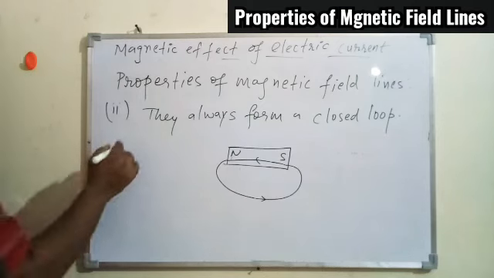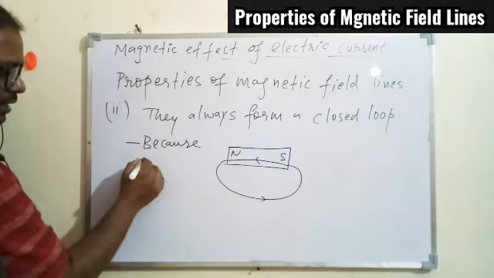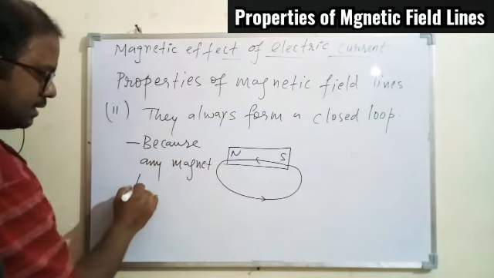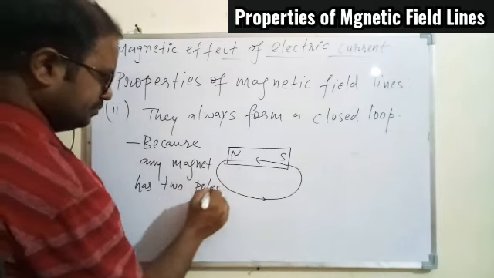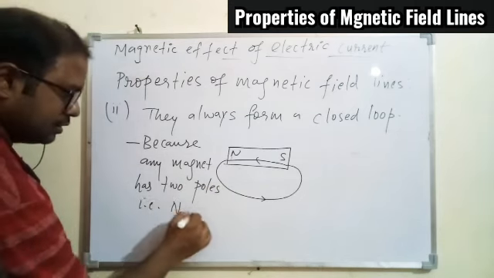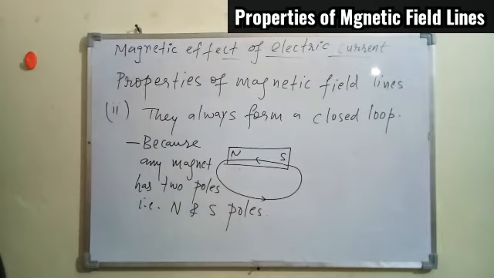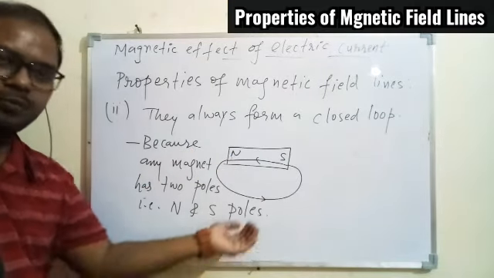So we can say, because any magnet has two poles, north and south poles. The question may come, why do the magnetic field lines form a closed loop?